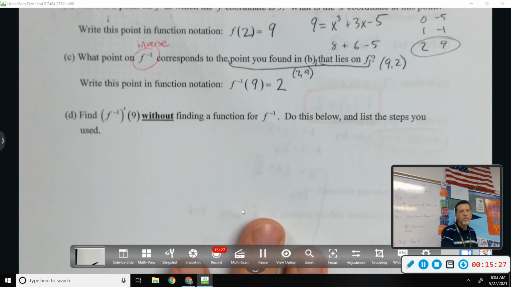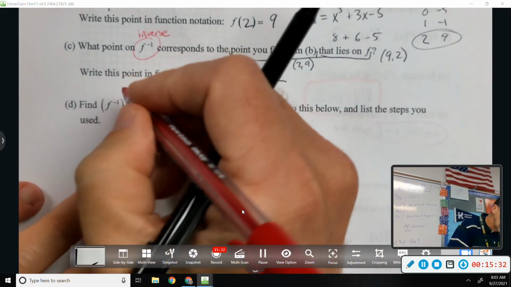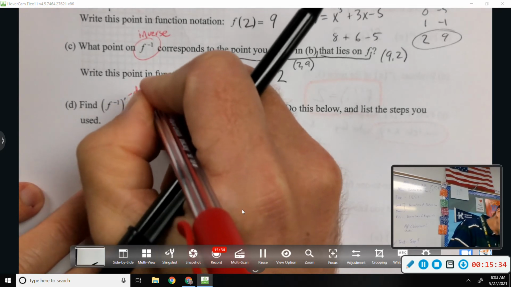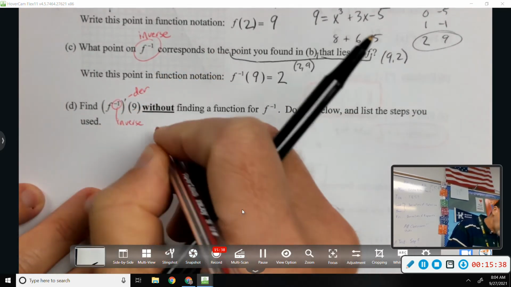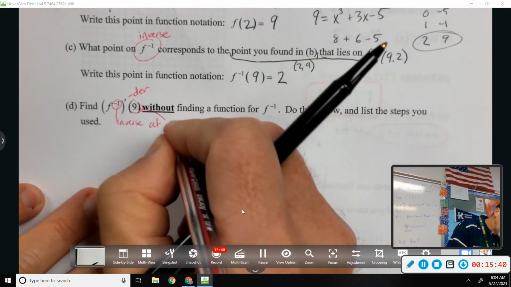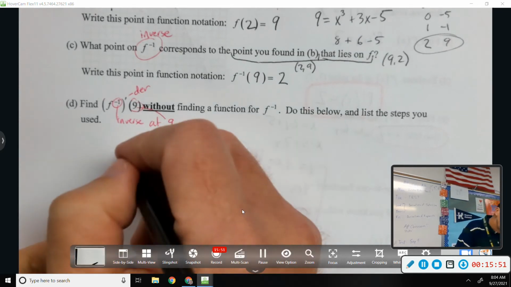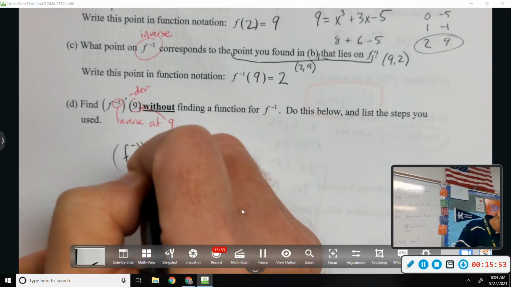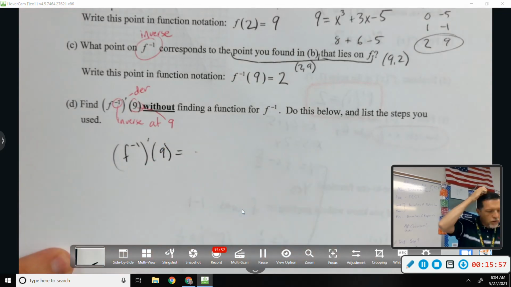Okay, here comes the tricky part. Look at all these pieces: find the derivative of the inverse at 9. You got to understand all those pieces there. Find the derivative of the inverse at 9 without finding a function for the inverse. Well, we said something about reciprocal earlier.